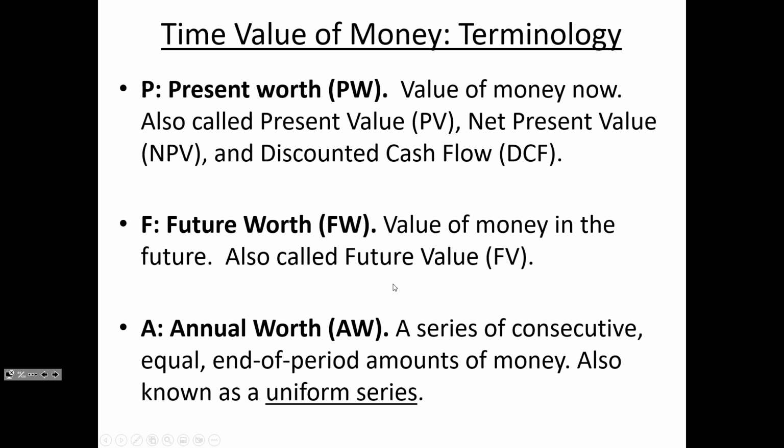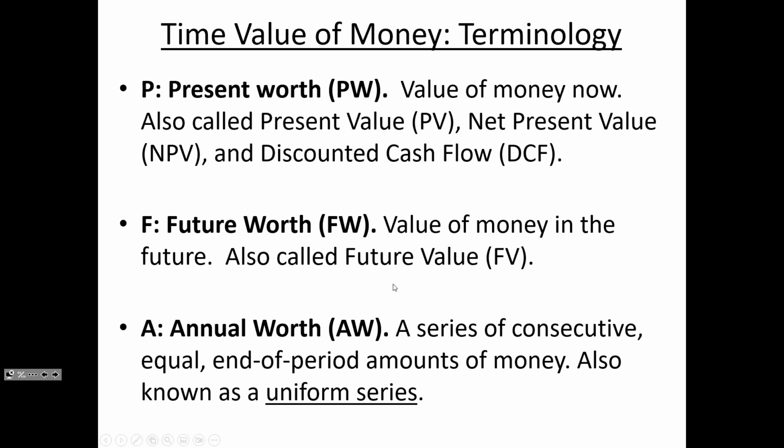This is not one continuous annual series with n equals 6. Here you'd have one annual series with n equals 2, and then another annual series with n equals 3. So if you wanted to find the present equivalent of all of these, you'd have to do it in more than one step.